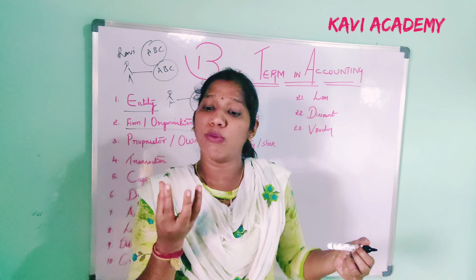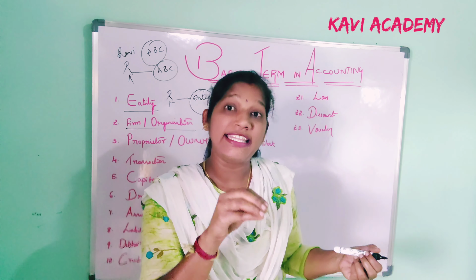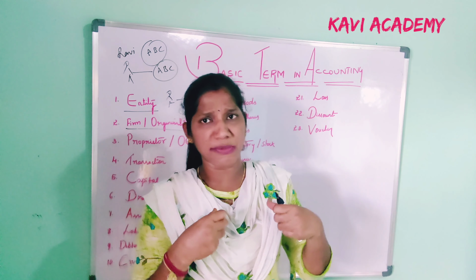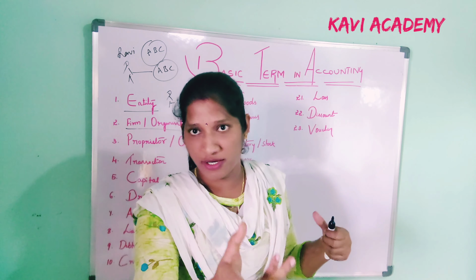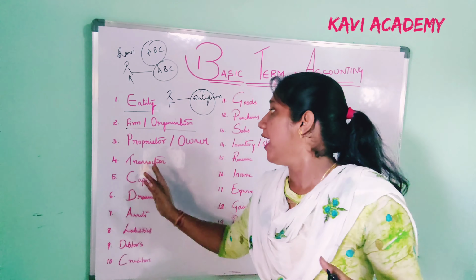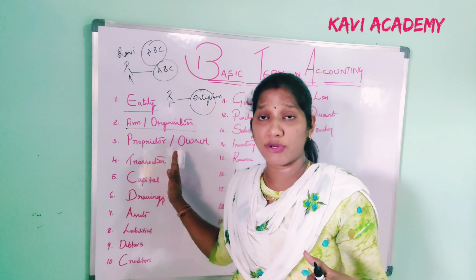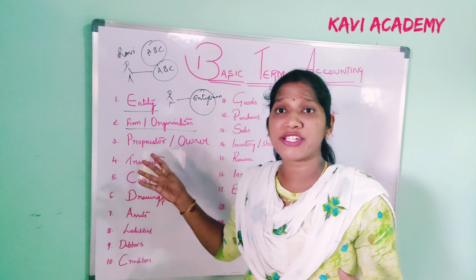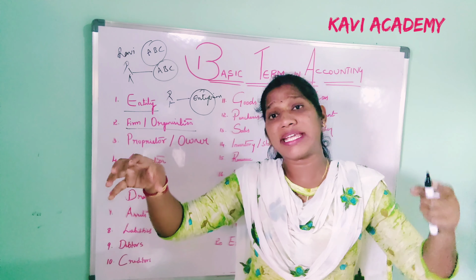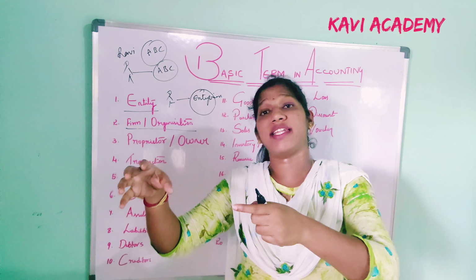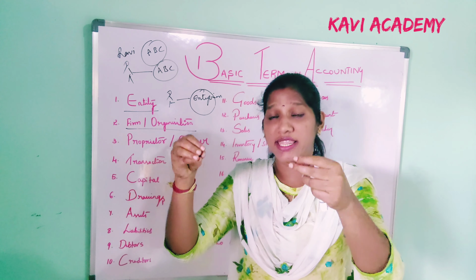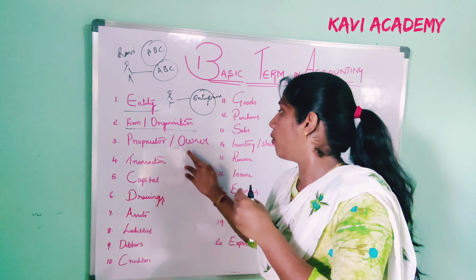Why? Because the money invested has to take the risk of profit or loss. The person who invests money in the business and bears the risk, whether profit or loss, is known as the owner.